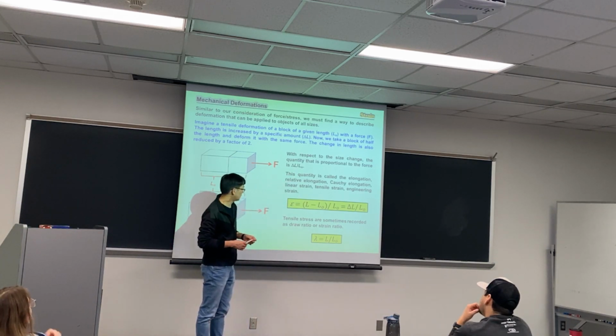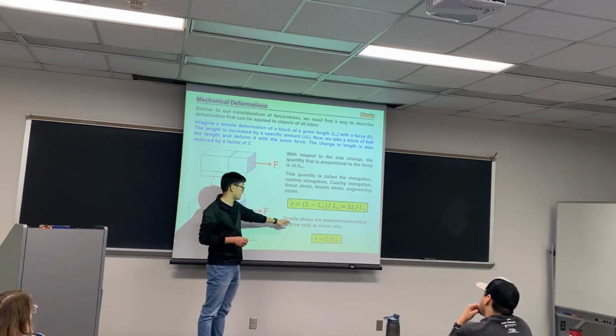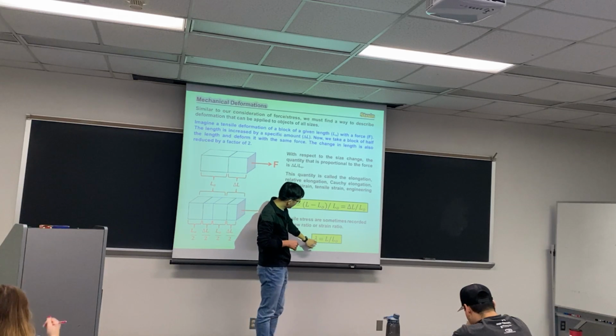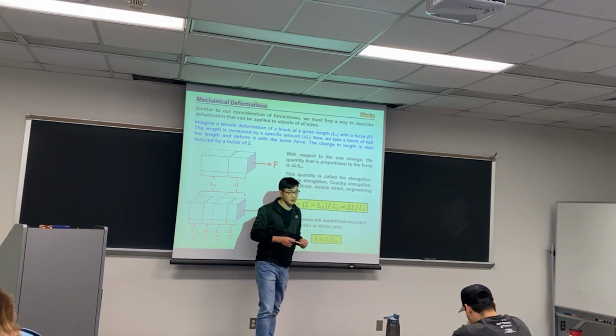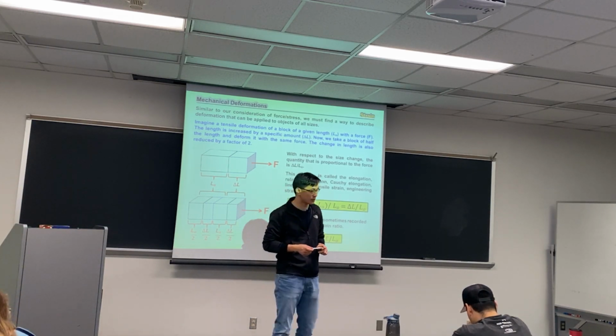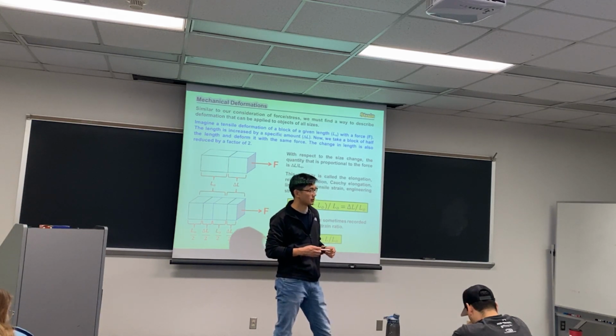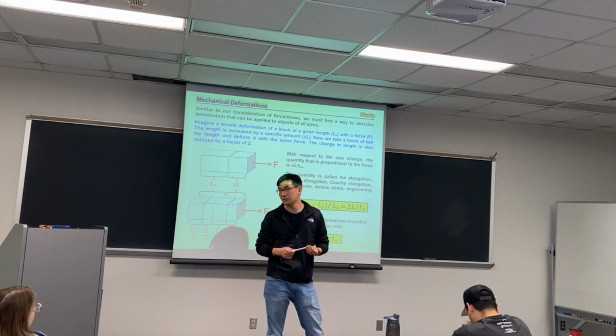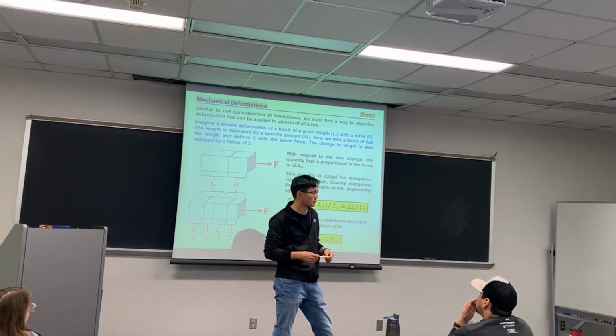In tensile testing, we also define another term called the draw ratio. The draw ratio is defined as lambda equal to L divided by L0, where L is the final length and L0 is the original length. So what would be the draw ratio for the system we just talked about?